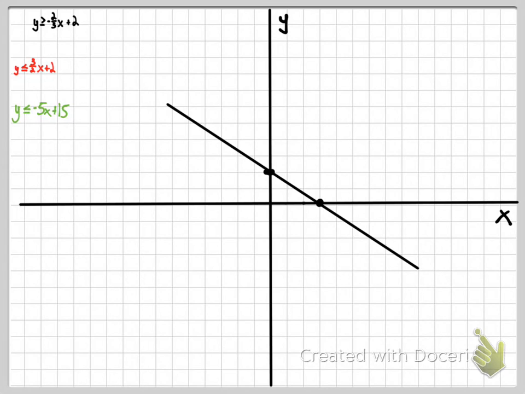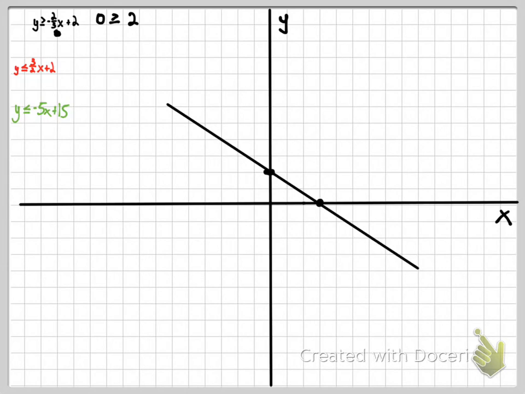Oh, you know what, let's talk about the shading. We have to figure out where we're going to shade this. If I put in 0 for x and 0 for y, I get 2.